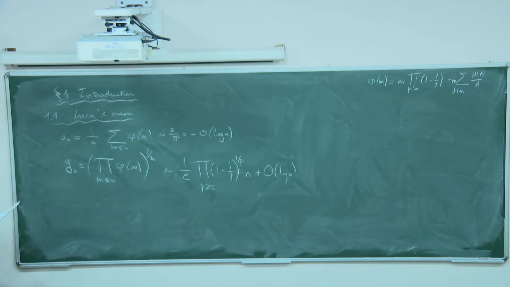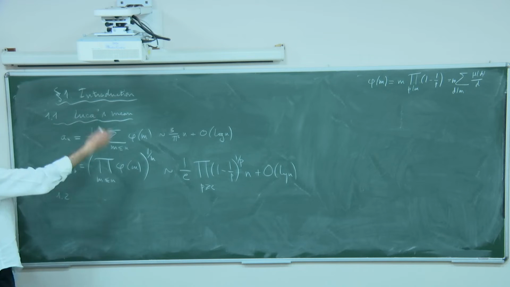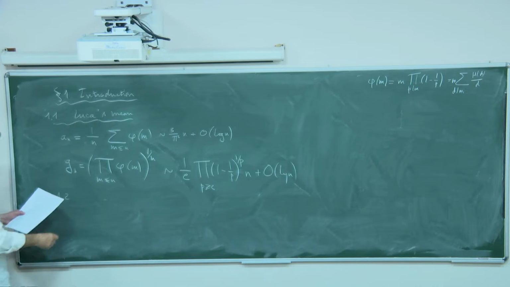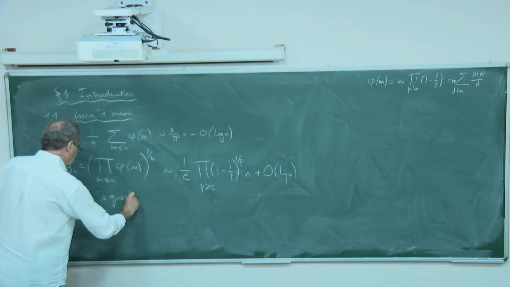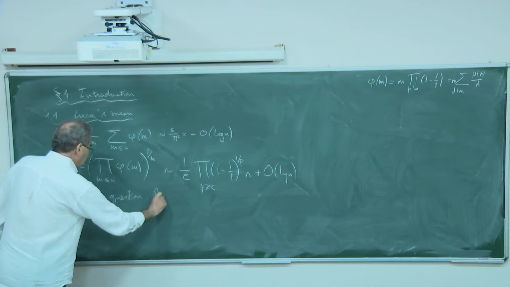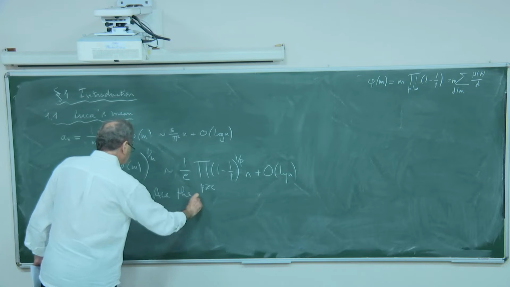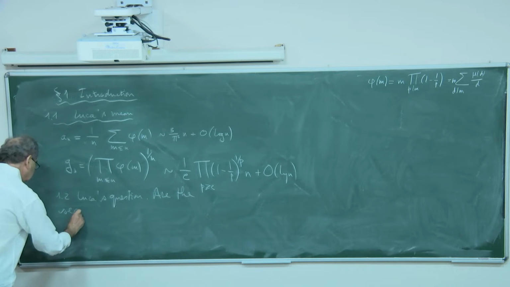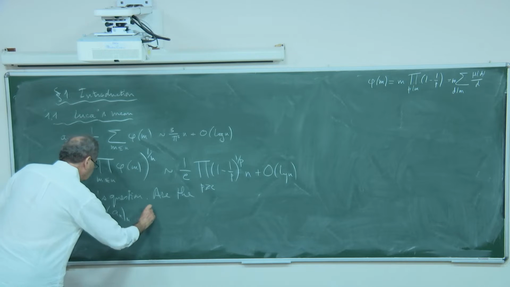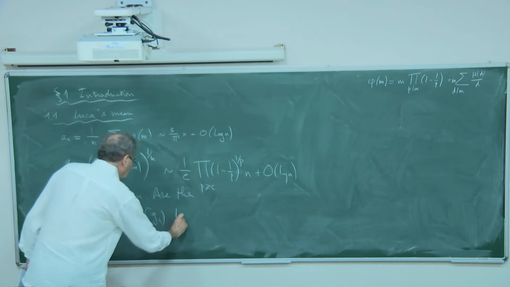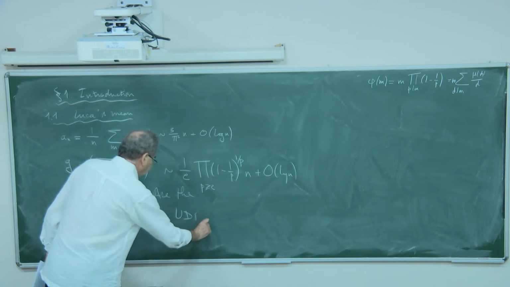So let us go now to the Luca question. And of course we're going to talk about variations on that. Luca's question was: are the sequences a_n, g_n uniformly distributed mod 1?